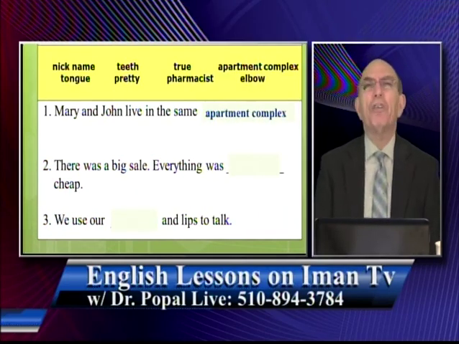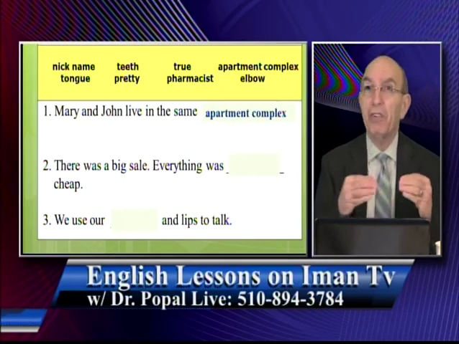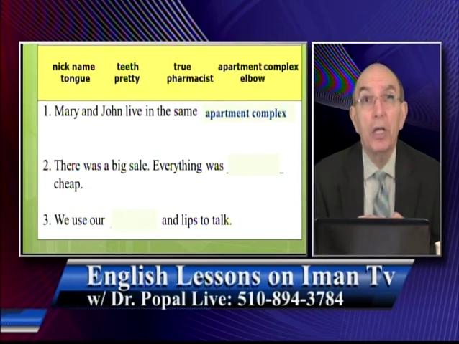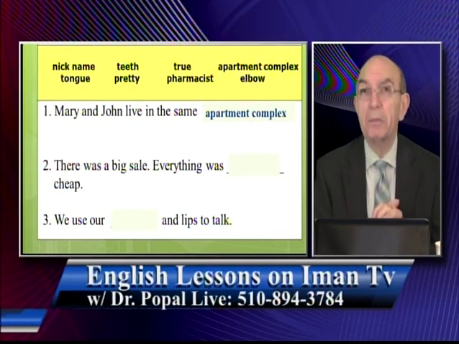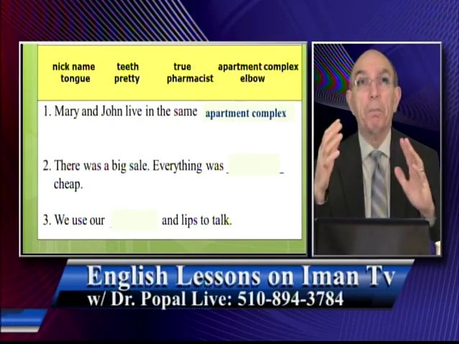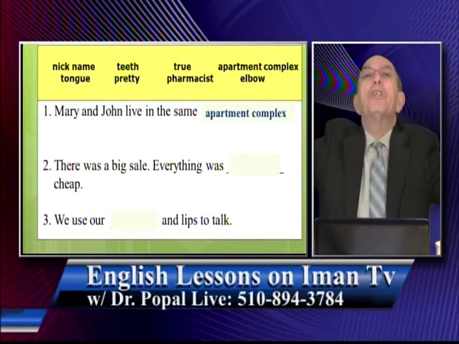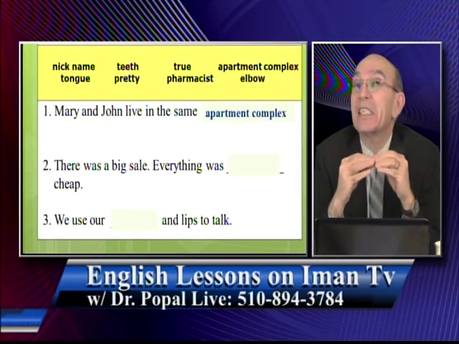So what is the meaning of apartment complex? Do Mary and John live in the same apartment? The answer is no. They live in the same apartment complex. So complex means building. So in an apartment building, there may be 50 or 60 or 100 apartments. So they live in the same complex, not in the same apartment.